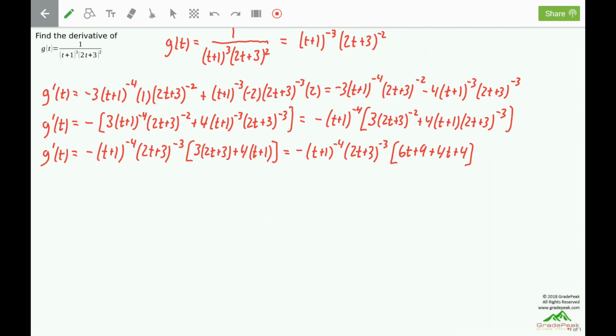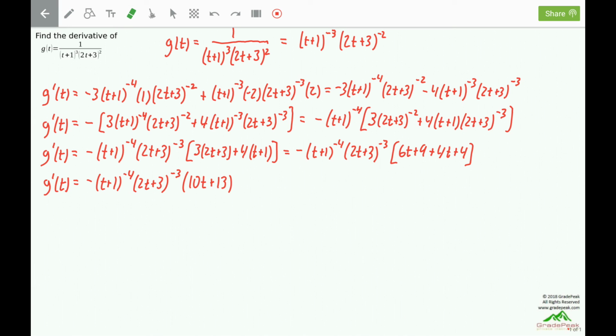We can then add like terms together in there. So our g prime of t has become a negative t plus 1 to the negative 4 power, a 2t plus 3 to the negative 3 power. All that's staying the same. And then we have a 6t and a 4t. They will add to be a 10t. And we have a 9 and a 4, and they will add to be a 13.